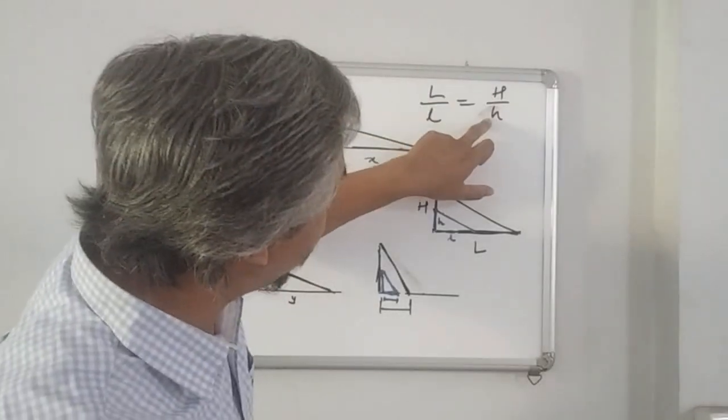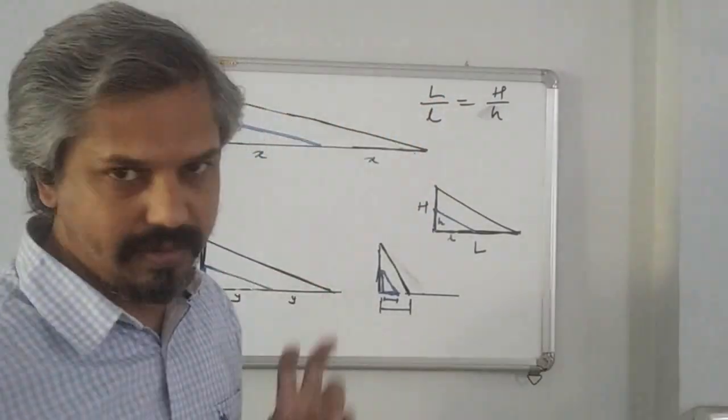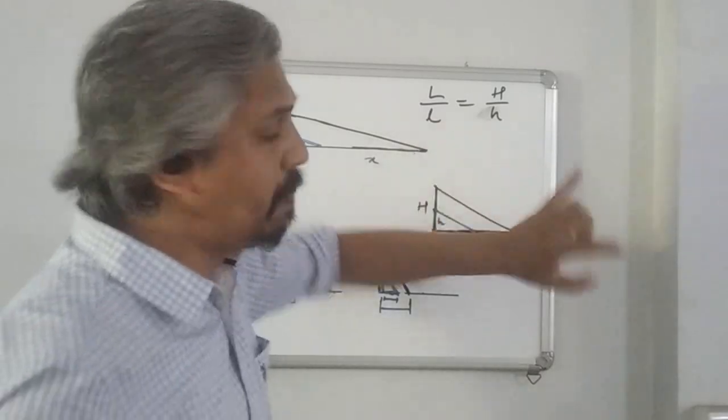So capital H upon small h is equal to capital L upon small l. This will never be disturbed.